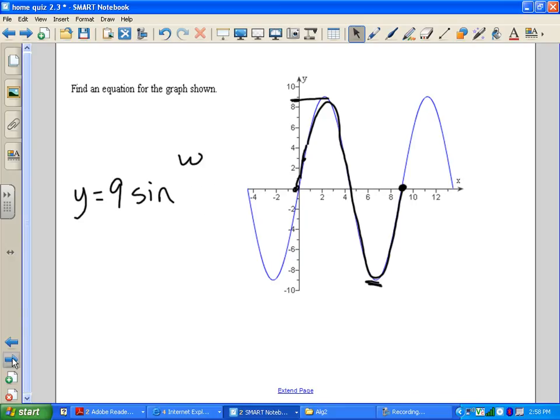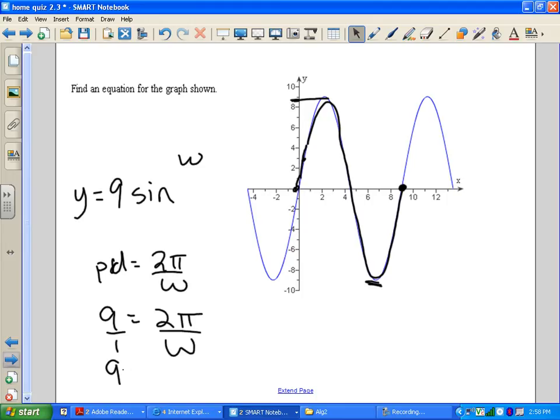So remember, the period for the sine function is 2 pi over omega. We know the period is 9, we just don't know what omega is. So we get 9 equals 2 pi over omega, and we cross multiply.